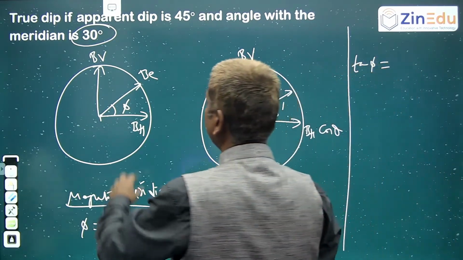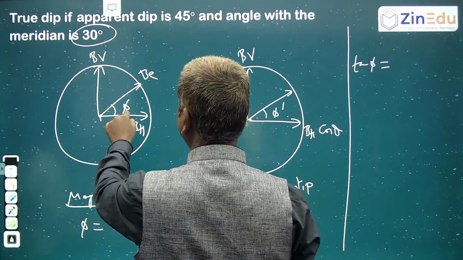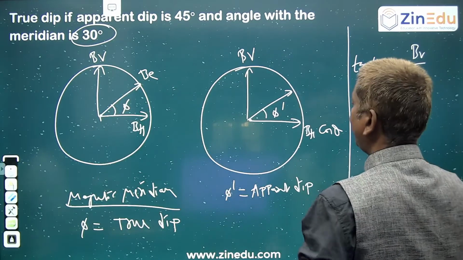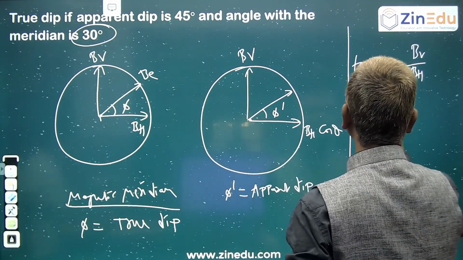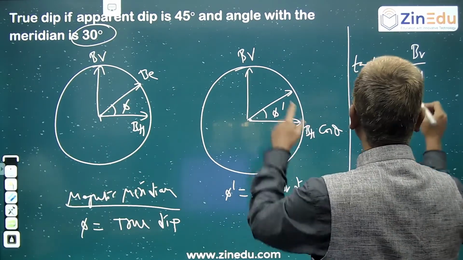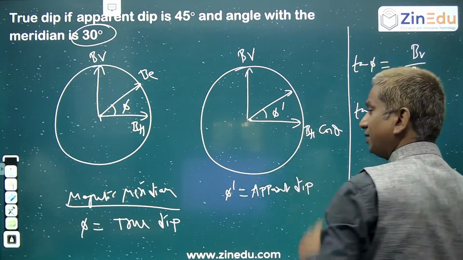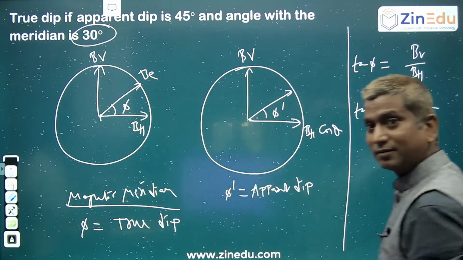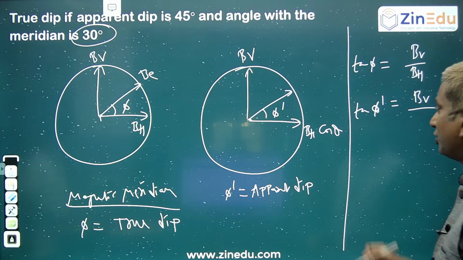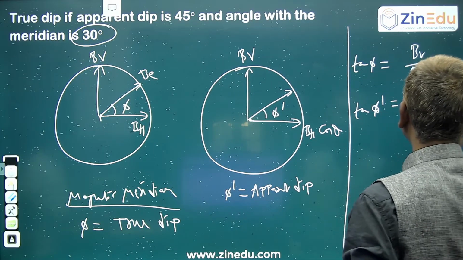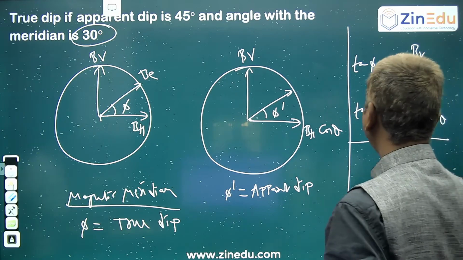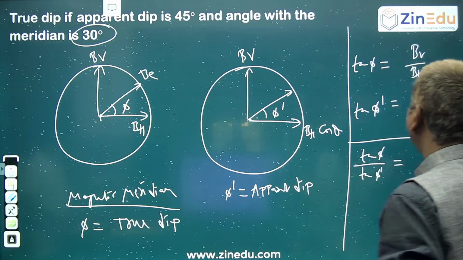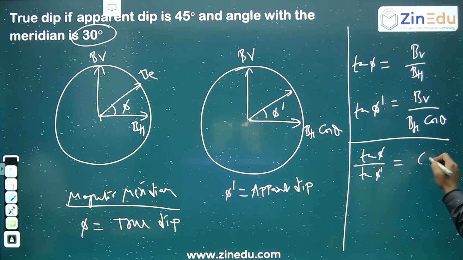So first, tan phi is equal to BV by BH, and here I can write tan of phi dash is equal to BV, same, but BH will change because you will get a component of the horizontal, so BH cos theta. Divide these two. So tan phi upon tan phi dash is equal to BV by BH cancel, so cos of theta.